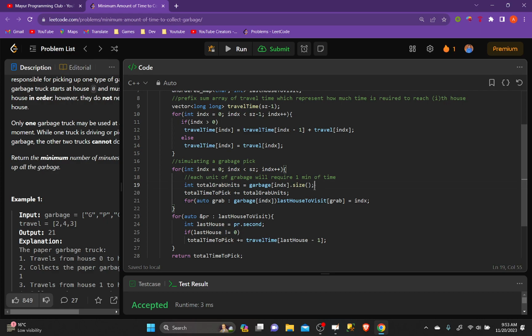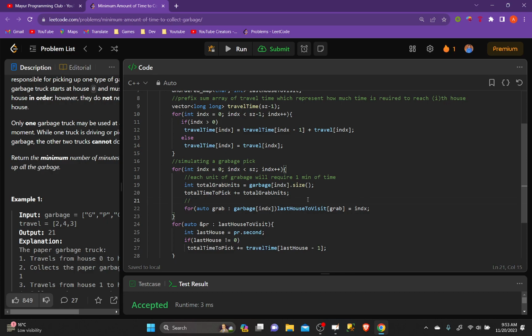And then for each truck required, we will update the last house that needs to be visited, starting from the 0th house.